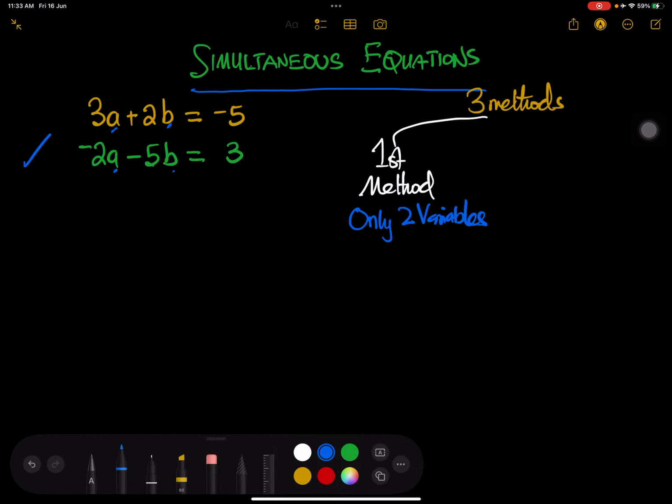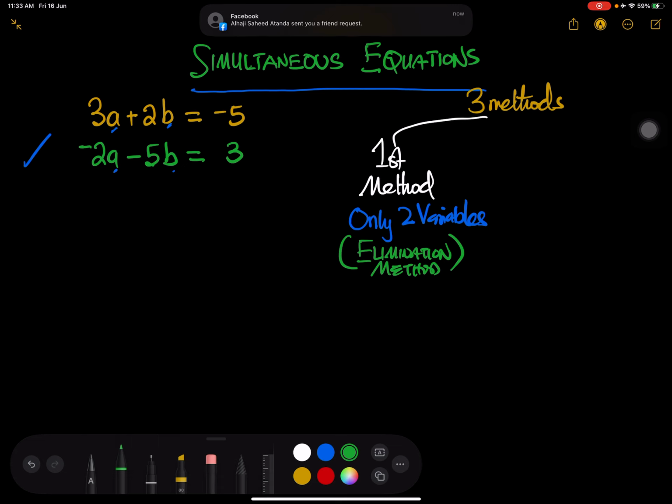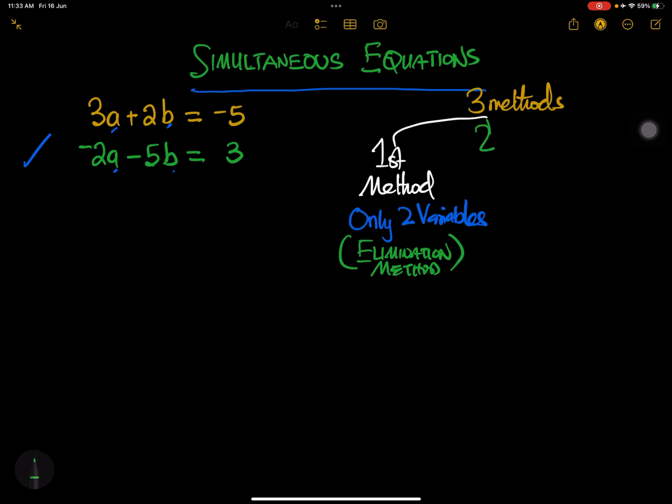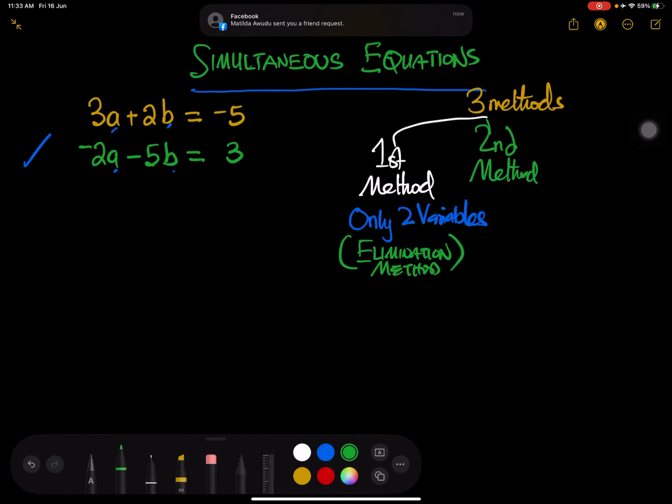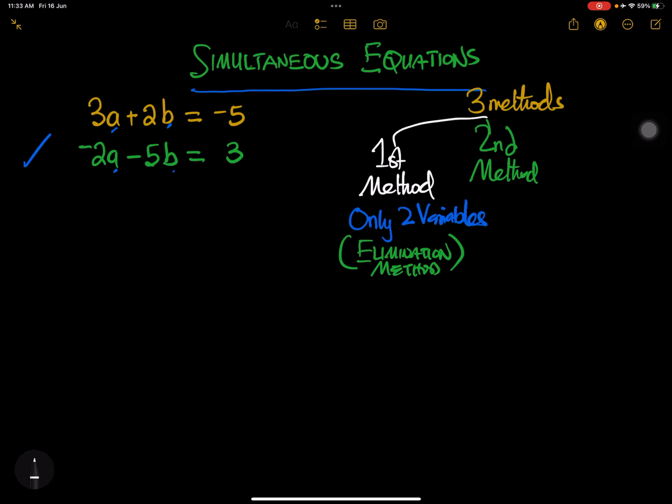The name of the first method is called the elimination method. Now we have the second method. It also uses only two variables.